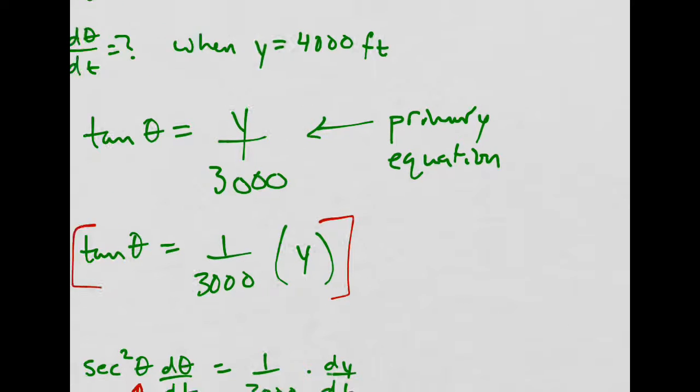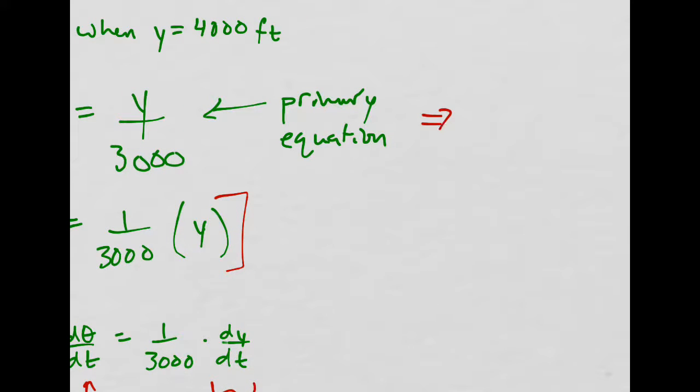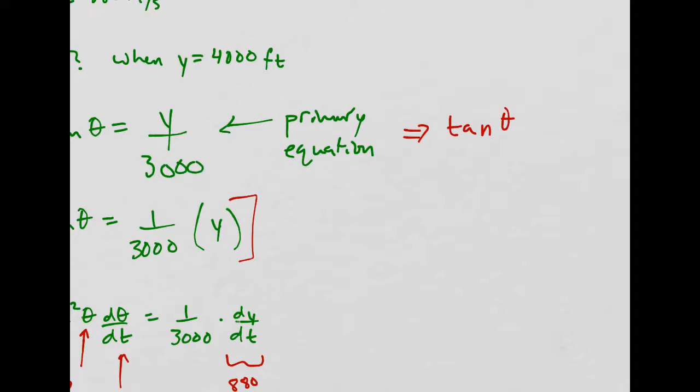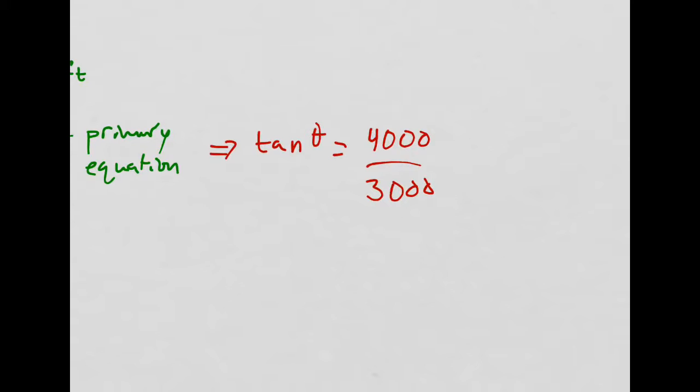I know that y is 4,000 at this time. So we'll reach 4,000 divided by that number, and we can just use the arctangent function. Do it in the calculator.